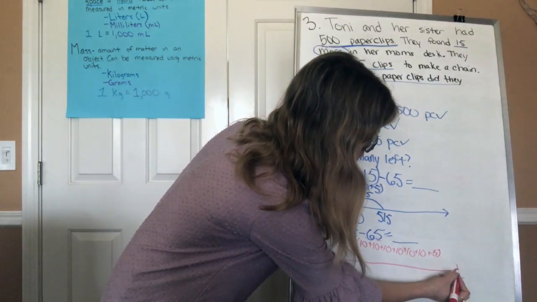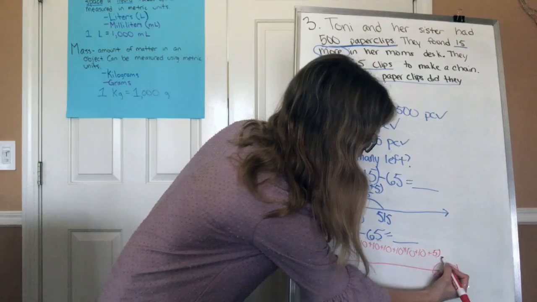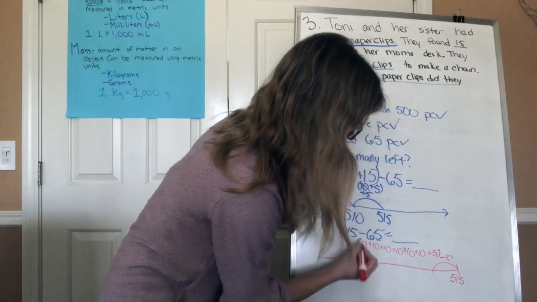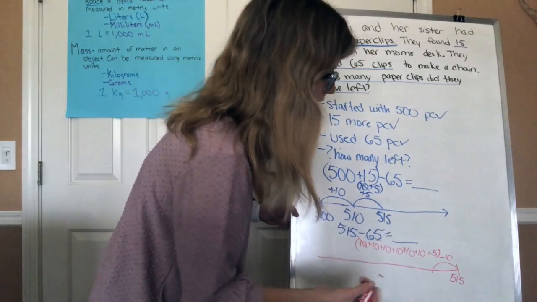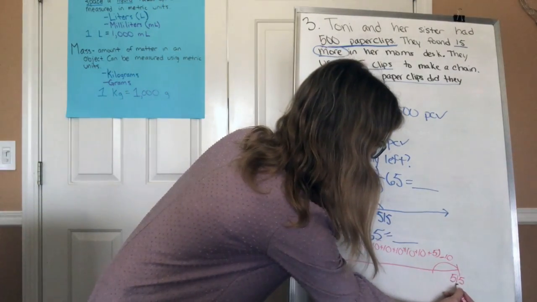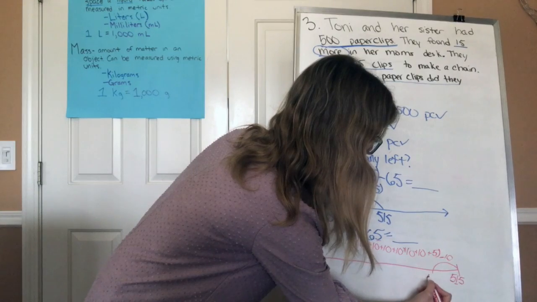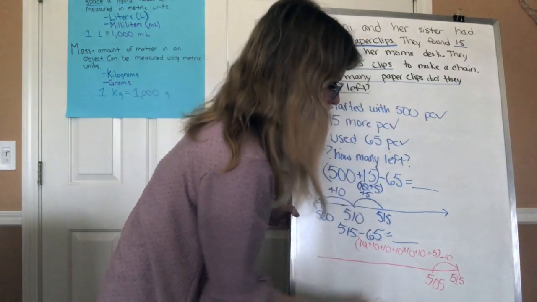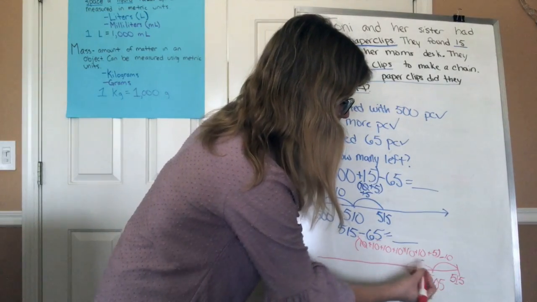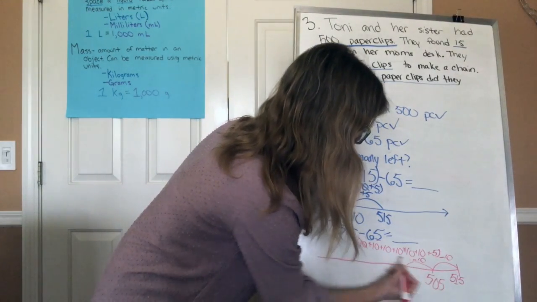So what I'm going to do is take away my first 10. And 515 minus 10, I'm just going to take away just from the tens place, is 505. Now I want to take away another 10.